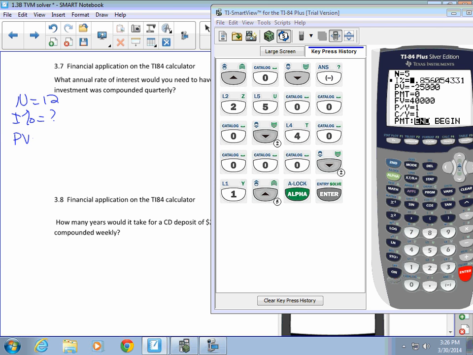Present value is negative $35,000. Our payments stays at 0. Future value, we want to have $65,000. Payments per year is 1, but our compounds per year, it's quarterly, so that is 4.